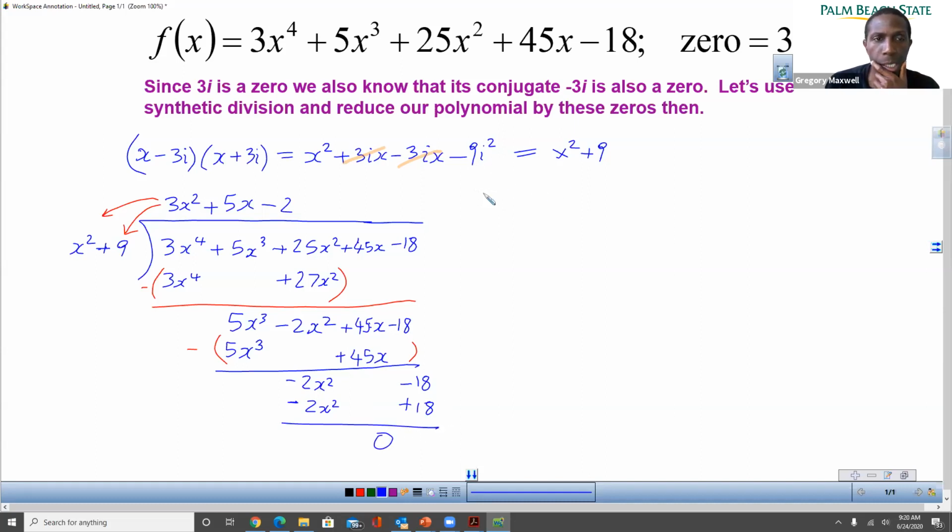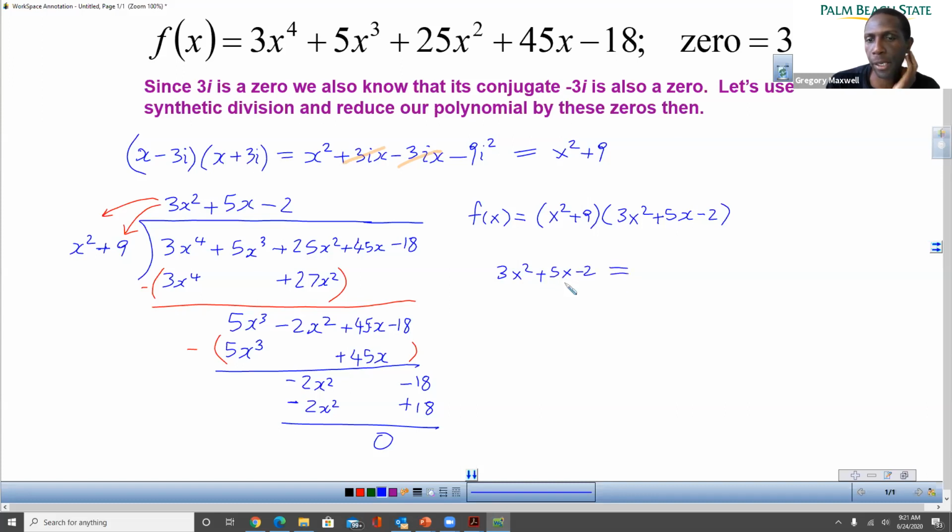And then what this tells you is that this expression can be written as x squared plus 9 times 3x squared plus 5x minus 2. And this can be factored, or you can use the quadratic formula.